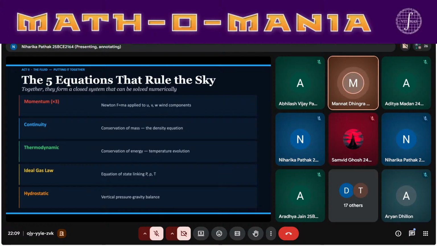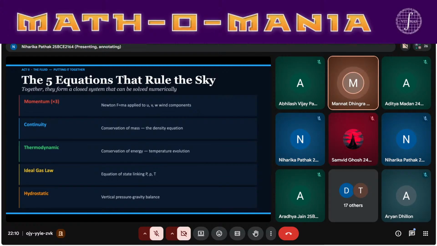For conservation of mass, mass can neither be created nor destroyed, it can just change forms. For conservation of energy, we use the first law of thermodynamics: energy can neither be created nor destroyed, it can change into different forms. So that's what conservation means, right?